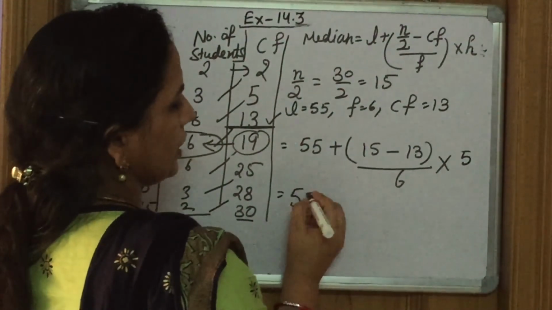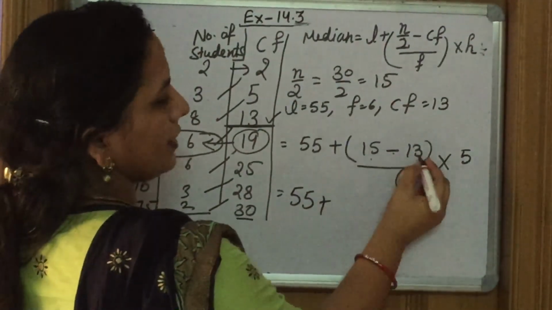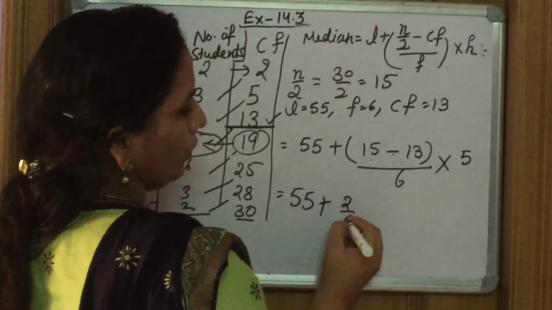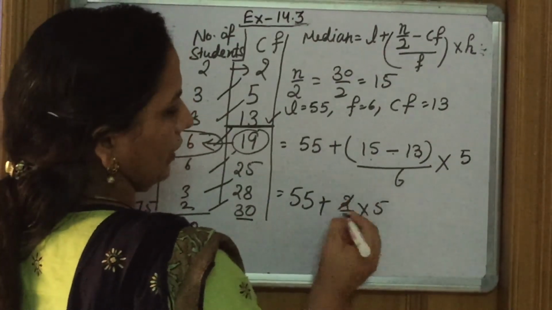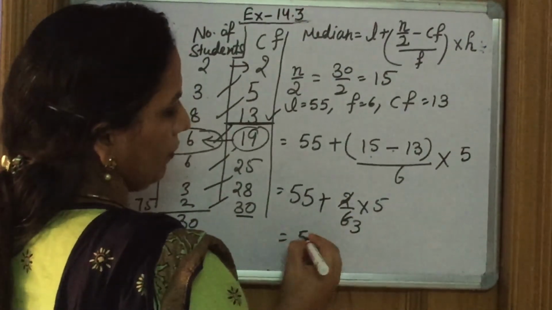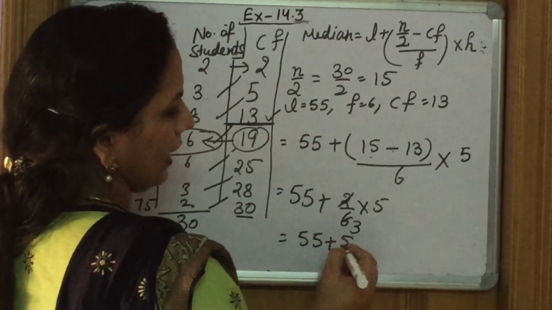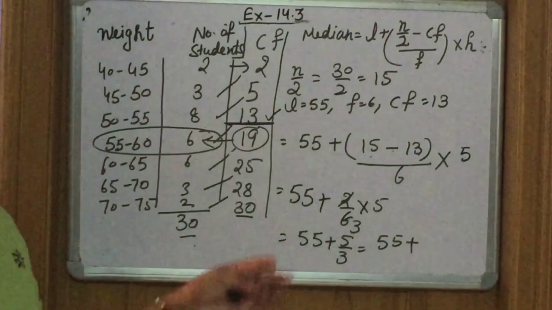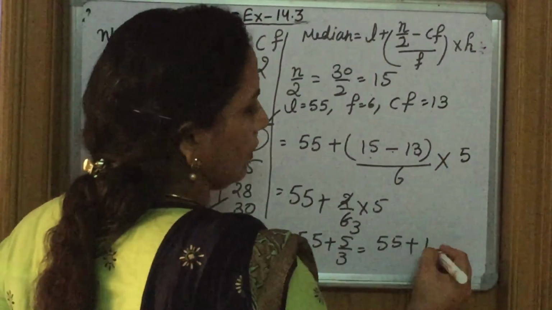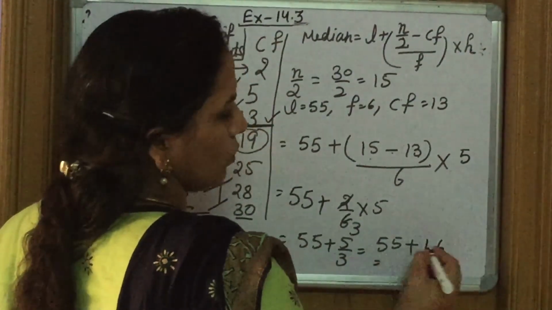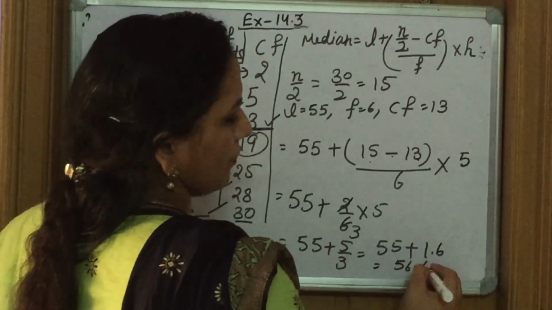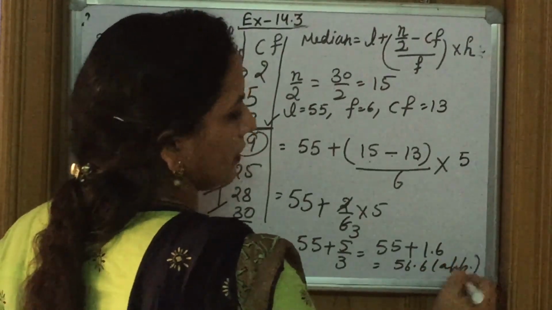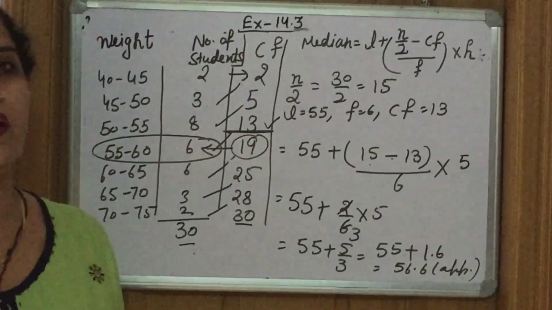Now do the solution. 15 minus 13, 2, 5. We can cancel out the term. 55 plus 5 by 3. So 55 plus 5 by 3 will be equal to 1.6. So we can add 55 plus 1.6, approximately 56.6. This is our final answer.